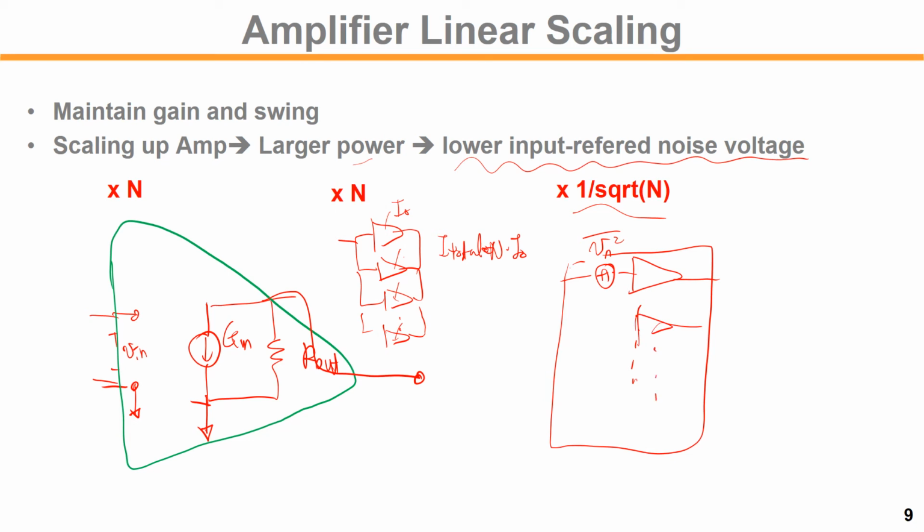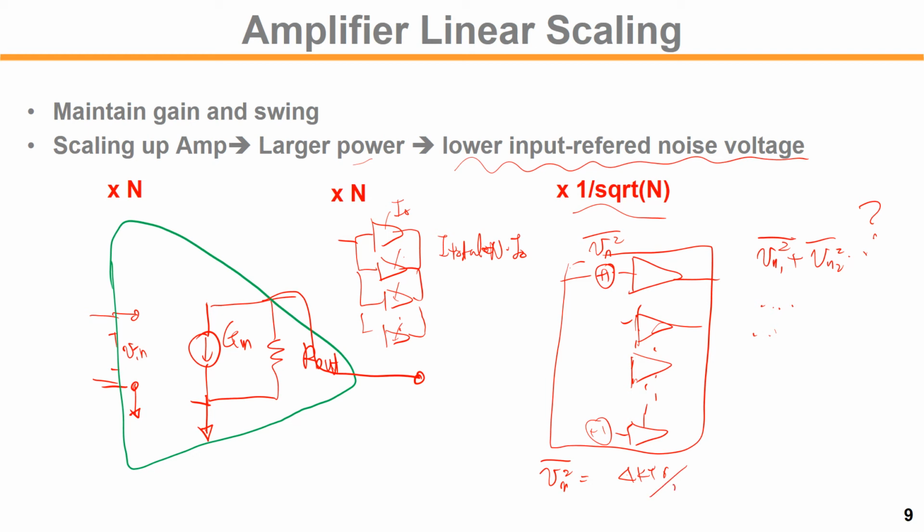If you add up all the noise sources, is the noise going to be large? Is the noise going up? Typically the noise would be 4kT gamma over Gm, right?